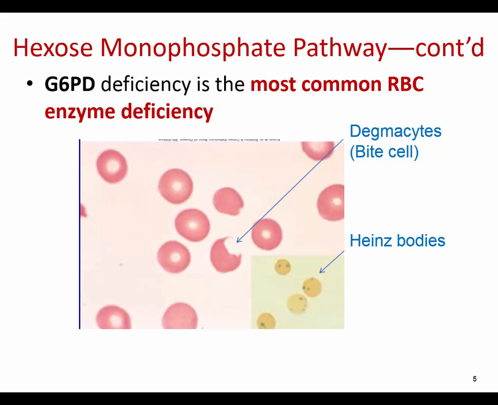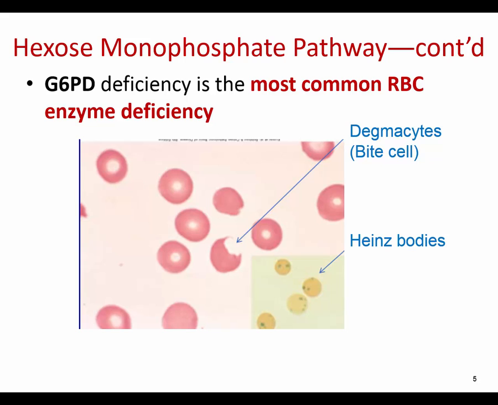But if you get that blood from a G6PD deficient person and do a methylene blue, you will be able to see inclusions inside of this red blood cell. But you're not going to see it with the Wright stain. You have to do it with this special stain. In this case, this stain is going to be new methylene blue. These inclusions are called Heinz bodies.